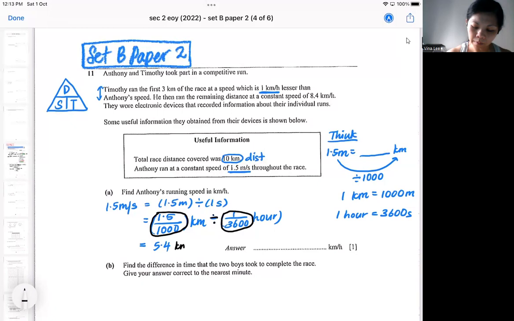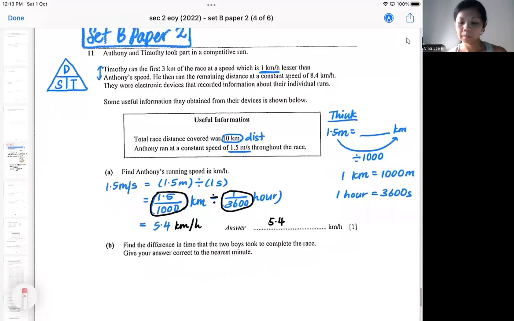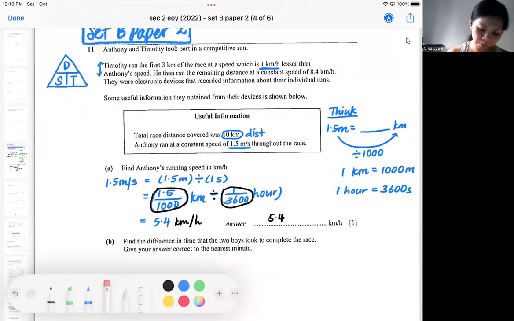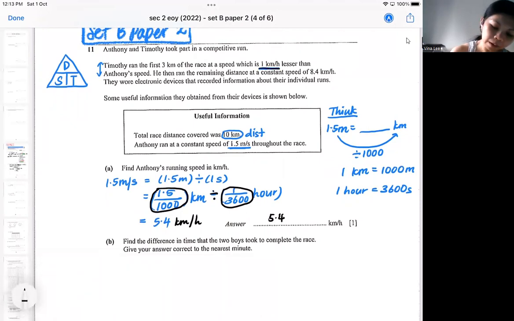Then that will be 5.4 kilometer per hour. Okay, so only when you already convert Anthony's speed, then you are able to find out Timothy's speed. So this information is actually not useful until you already gotten Anthony's speed in km/h. Okay, so if you would like to find the time difference between the two boys, so very simple.